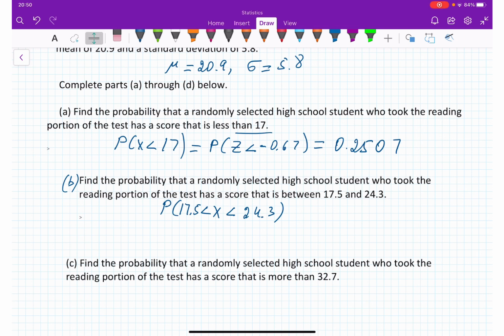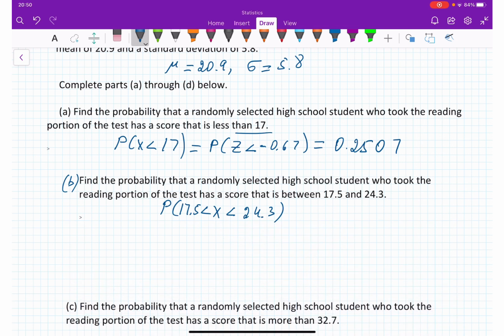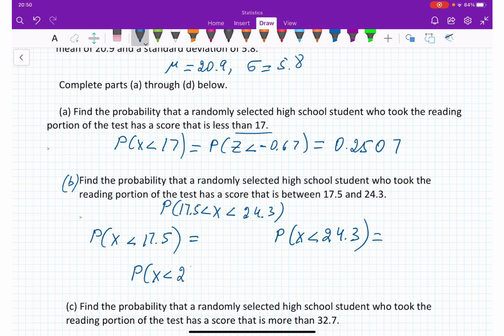Which means we need to find probability for x less than 17.5, and then probability for x less than 24.3, and then subtract from each other. Probability x less than 24.3 minus probability x less than 17.5.